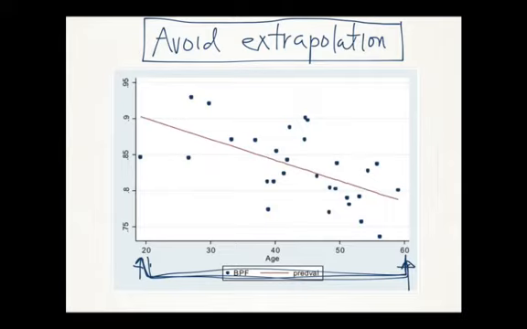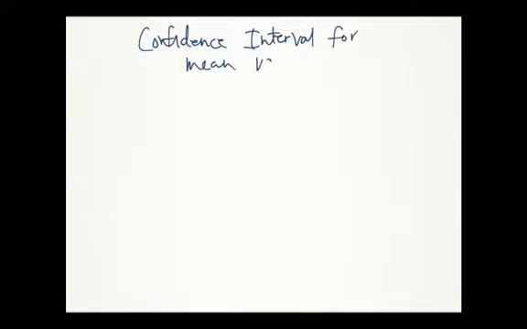So just like before, we can put a confidence interval around our predicted mean value. Okay, so that corresponds to plausible values for the mean BPF at a specific age. So if we want a confidence interval for a mean value, these are plausible values for the mean BPF.